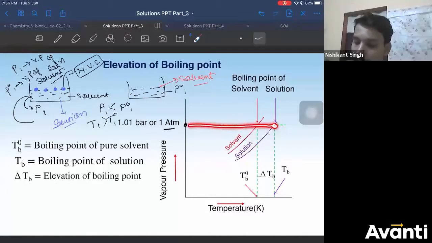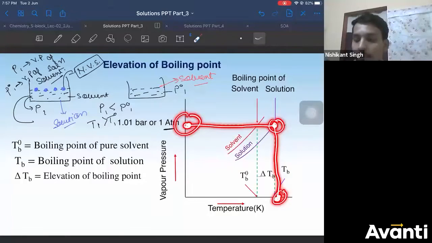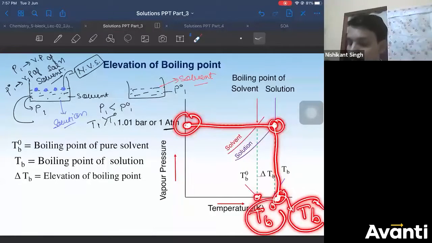Same thing I tried for solution. Solution vapor pressure is 1 atm at this temperature. What is this temperature? This is the temperature at which the vapor pressure of solution is 1 atm. So this is the boiling point of what? Solution. And this was the boiling point of solvent. Now you see, the solvent boiling point was here, the solution is here.